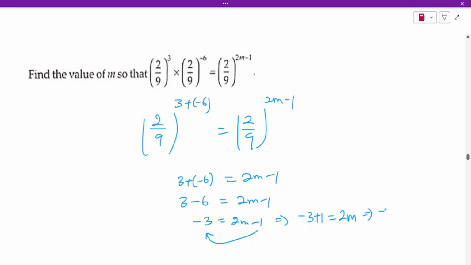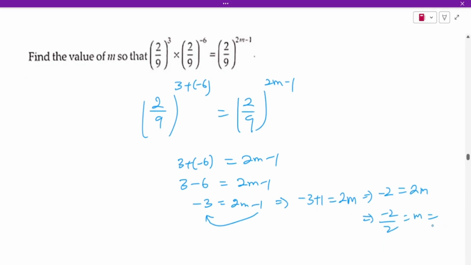So minus 2 is equal to 2m. It means m is equal to minus 2 by 2, which is equal to minus 1. So the answer for this question is m is equal to minus 1.